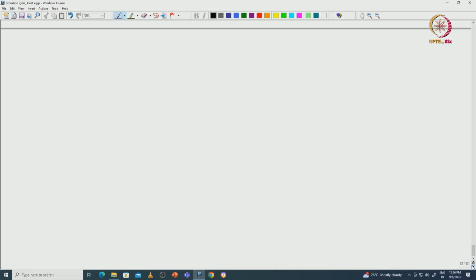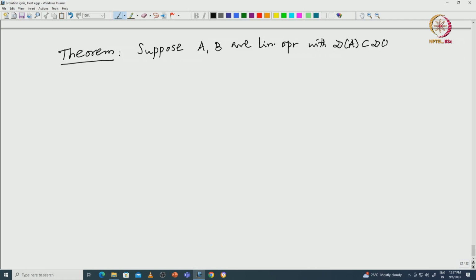Okay. So, let me just state this as a theorem. Suppose A, B are linear operators with dA a subspace of dB, B A bounded with A bound less than 1.